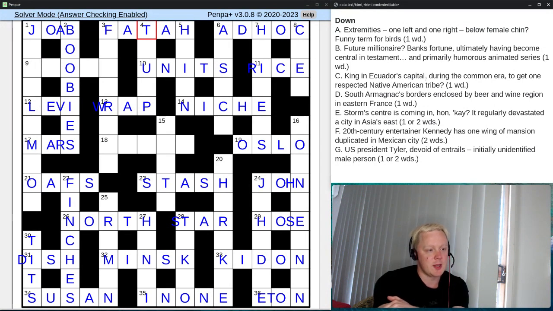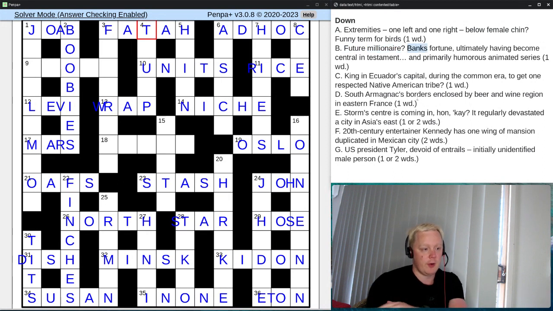I'm debating which one is the easiest to explain, but animated series is going to be a definition here. So we need just the word future with no modification. Then we need millionaire banks.